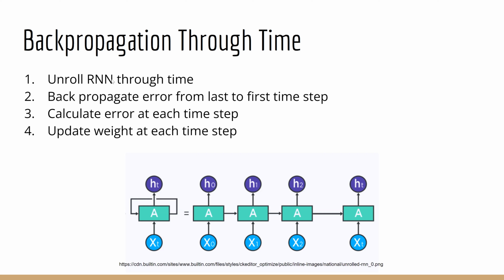Then, instead of propagating the error through the layers, you're propagating the error from the last to the first time step, and then you calculate the error and adjust the weights. As you can see here, you have the input at the first time, and then the input at the second time, and this time you're considering the states from previous time steps. This way, as you go down, you're taking into account all the parts in the sequence.